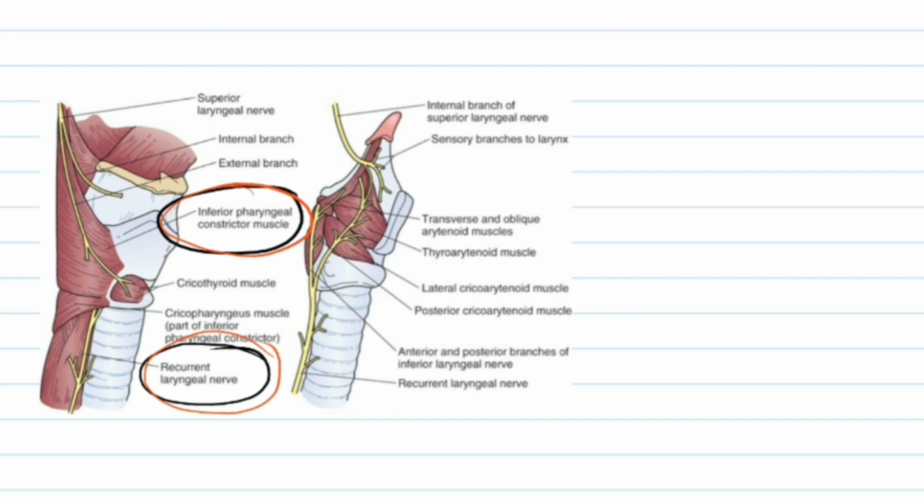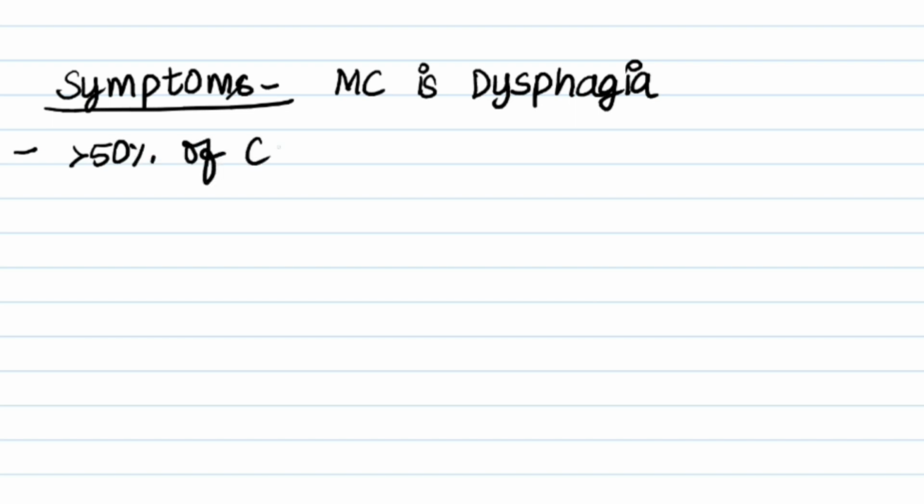So, what are the symptoms of Zenker's diverticulum? The most common symptom is dysphagia, which is difficulty in swallowing, and more than 50% of cases of Zenker's diverticulum are associated with cervical web.